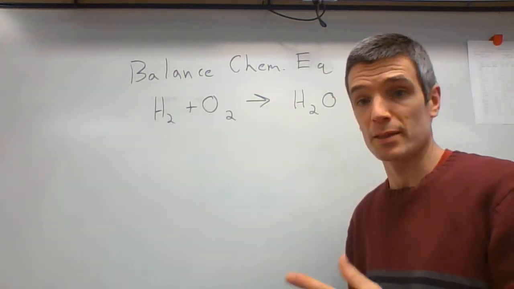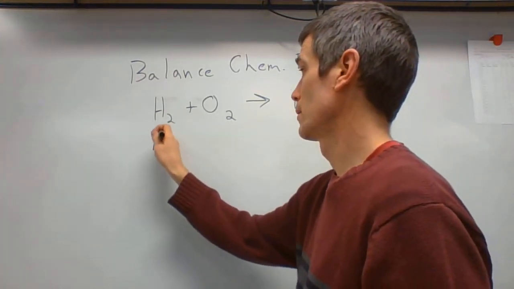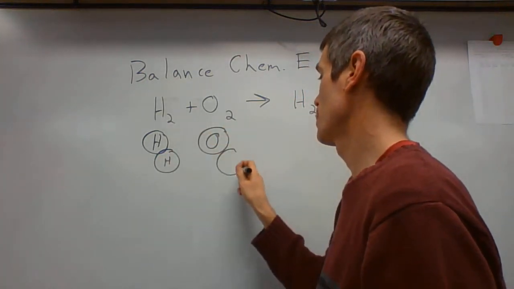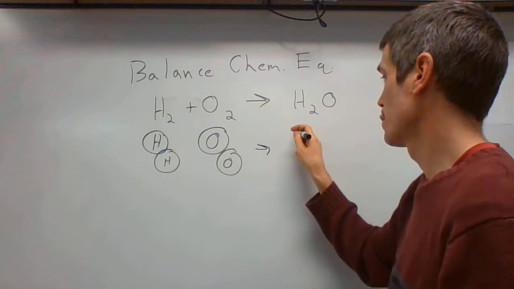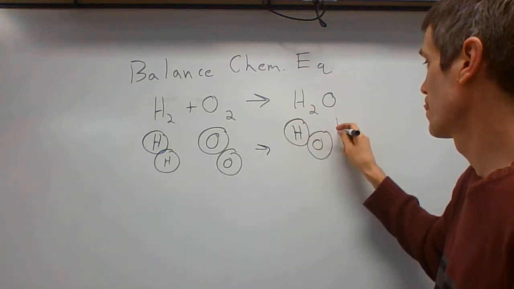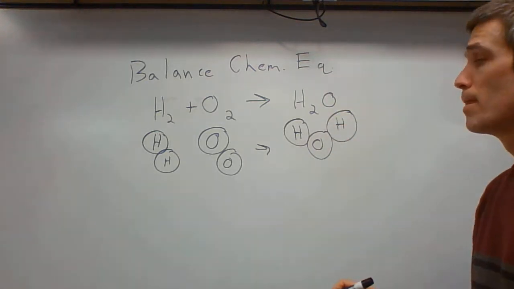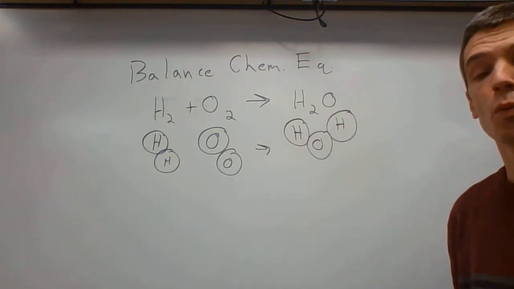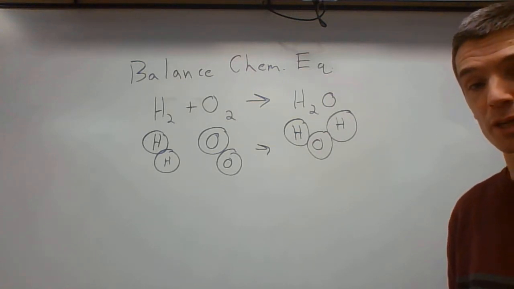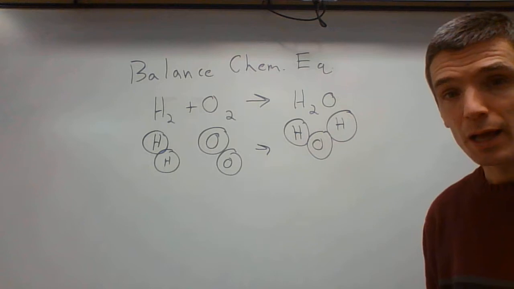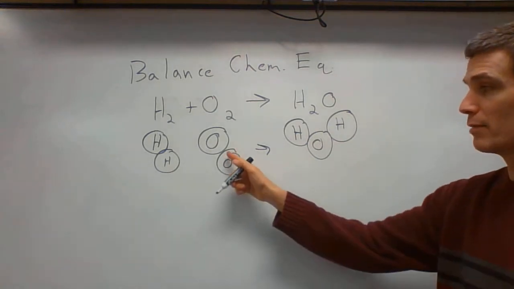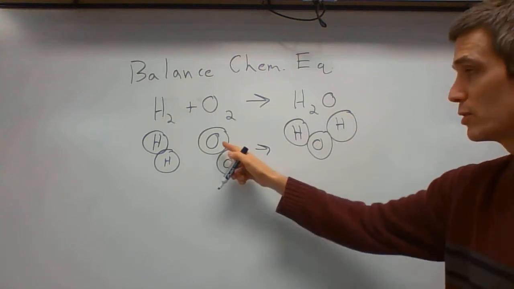Now another way to balance this is to draw it. Now, when I do this, I can only add it in the way that it's represented. So I have a lacking of oxygen here.